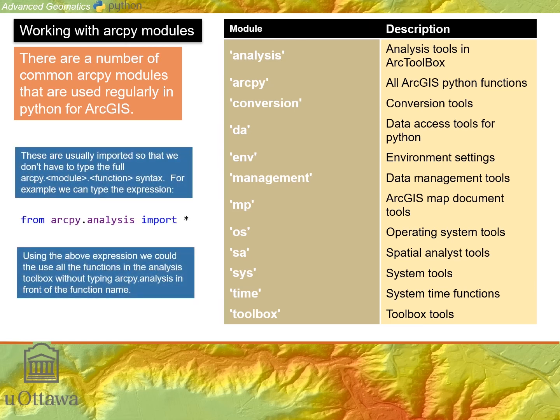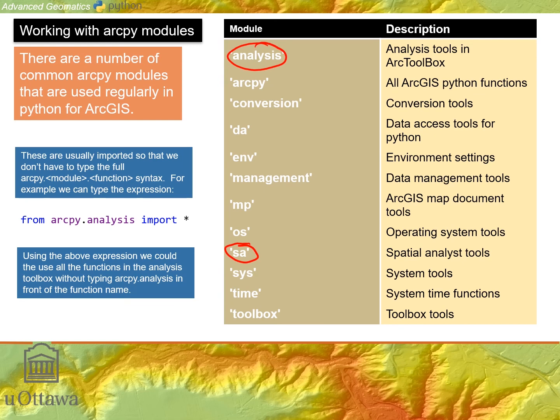And again, many of these are imported because it's all ArcPy. None of them should have conflicts with the names of functions. In other words, there shouldn't be, let's say, a function called clip in both the spatial analyst toolset and in the analysis toolset.